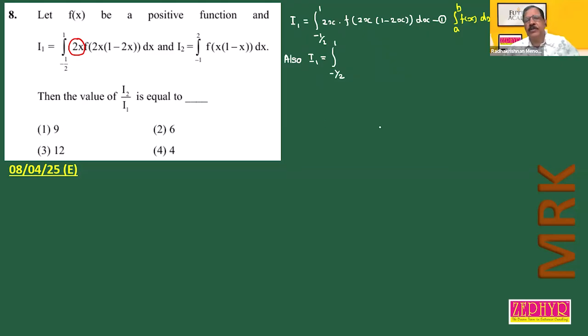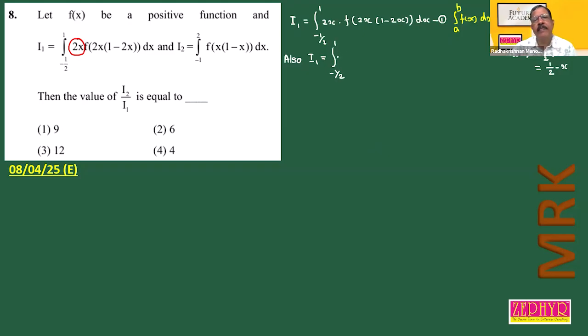In the place of x, a plus b minus x, which is minus 1 by 2 plus 1 minus x. So it is equal to 1 by 2 minus x, is it not? So replace x by 1 by 2 minus x.